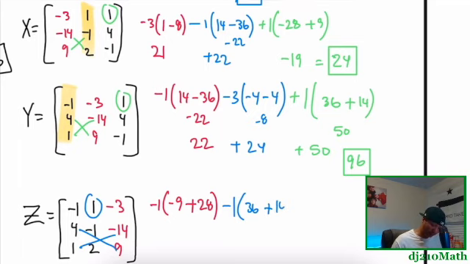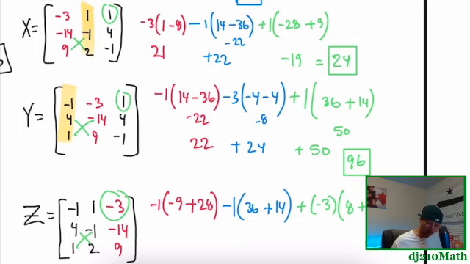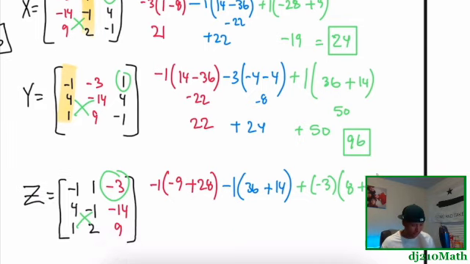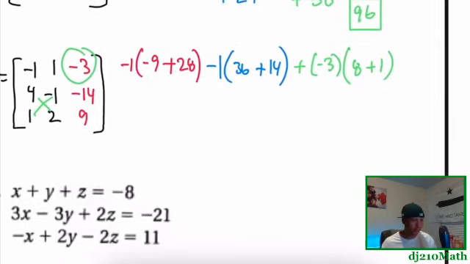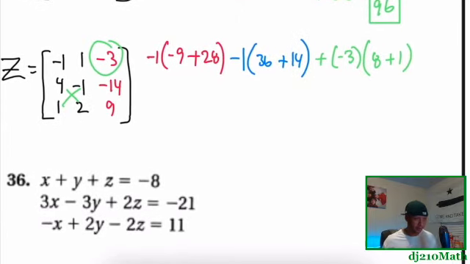So plus 14. Plus -3 times the diagonals 8 minus -1. So plus 1. All right, you can't see it. It's plus 1. Okay, let's get it.